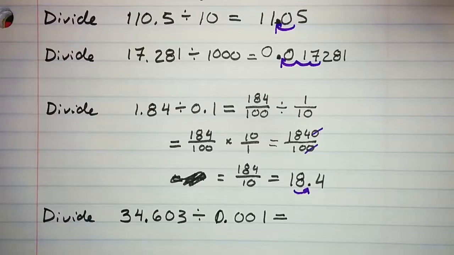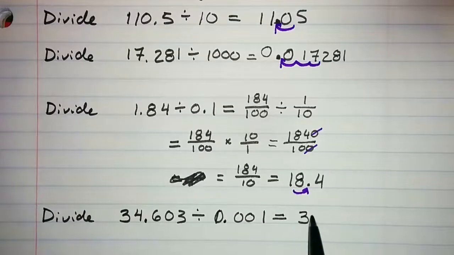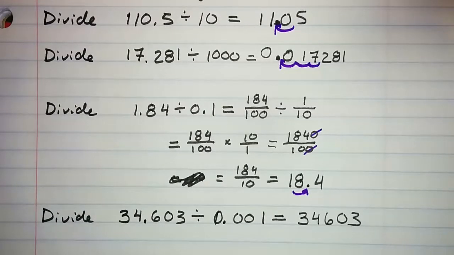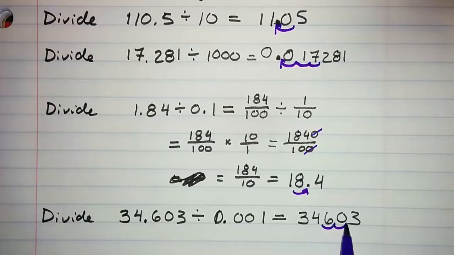We predict that our answer will have these same digits, but I see 3 digits to the right of the decimal point here. I'm predicting 3 fewer in my answer. I'm predicting that my answer will be just 34,603. Let's see if that works.